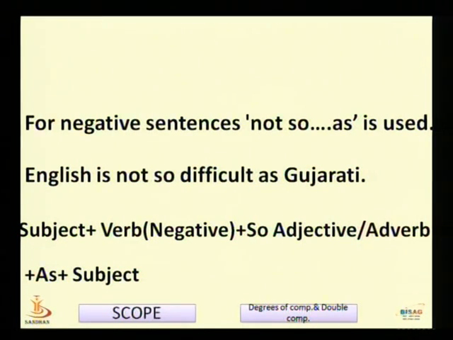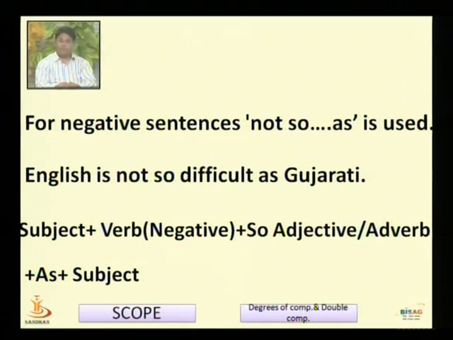Yes, dear friends, see on the screen that in positive degree, when we make a negative sentence, we have a minor change in the syntactic pattern. Here the verb is used in negative and so as is used.